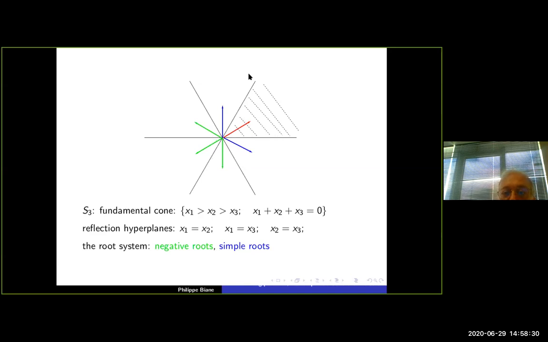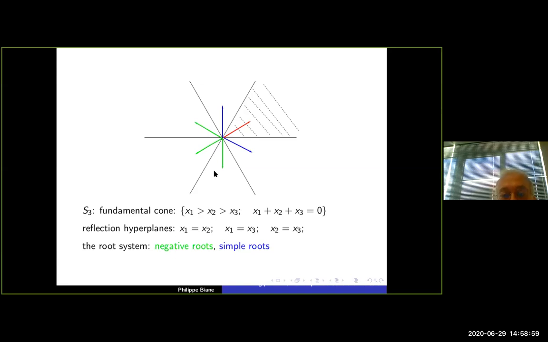Okay, two of these lines correspond to the simple reflections: the x1 equal x2 hyperplane, and the x2 equal x3 hyperplane. And there is a third hyperplane which corresponds to x1 equal x3. So you have two simple roots which are orthogonal to the hyperplanes which bound the cone, which are here in blue.